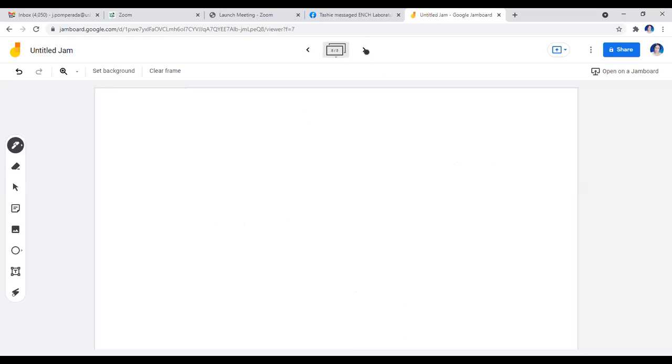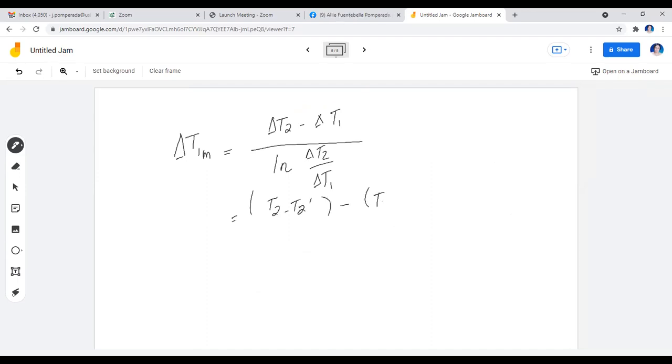Okay, so we'll get the delta T log mean for parallel flow. And that would be delta T2 minus delta T1 over the ln of delta T2 over delta T1. Now, as for the formula for countercurrent flow, for delta T2 this would be T2 minus T2 prime, and you'll have here T1 minus T1 prime, and the ln, the same thing, plus T sub 2 minus T sub 2 prime, T1 minus T sub 1 prime.